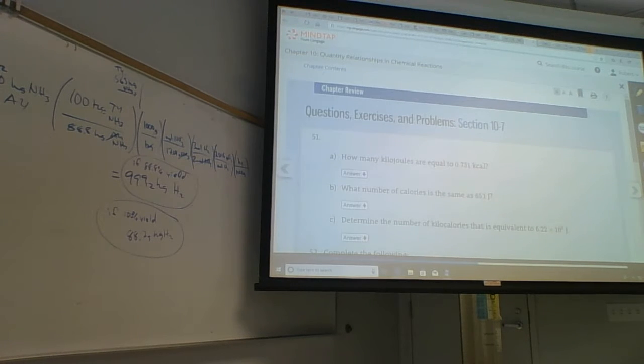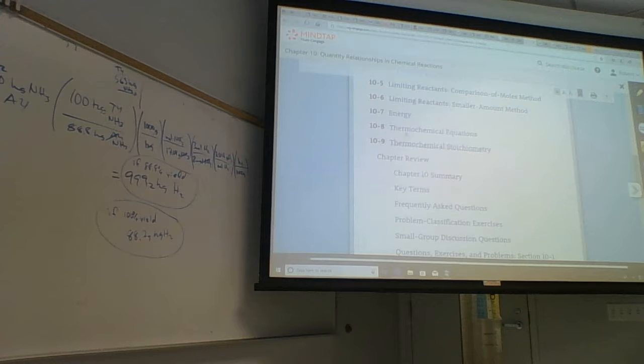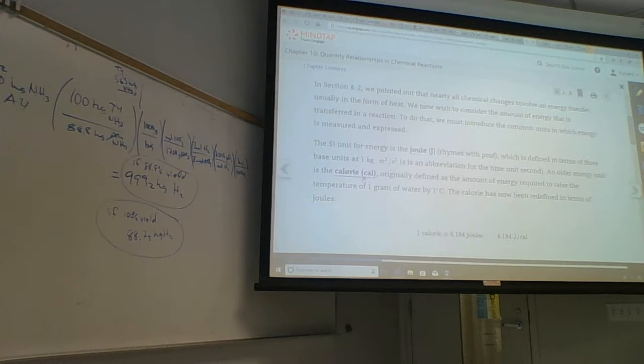Okay, the last part of this book deals with energy. So let's take a look at it. The energy units that we use, the calorie. Calorie is abbreviated cal. There are actually two calories.